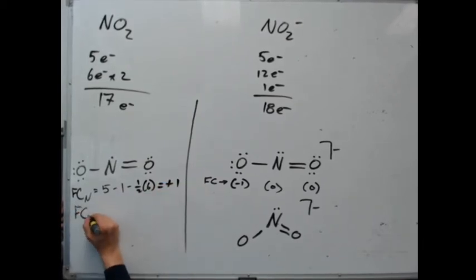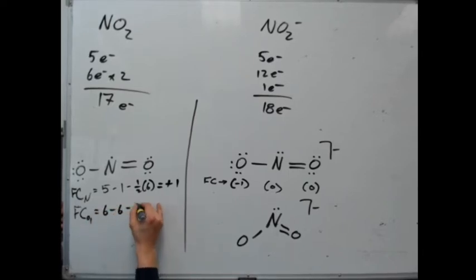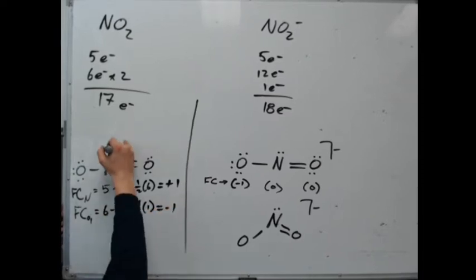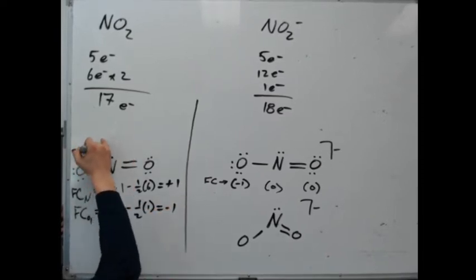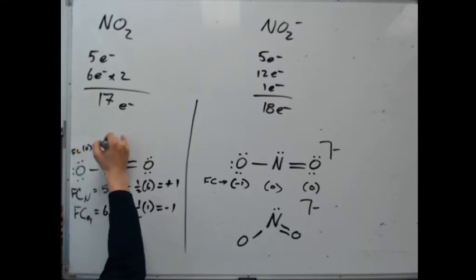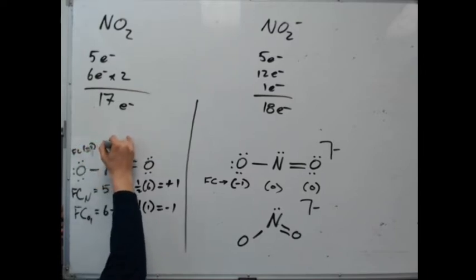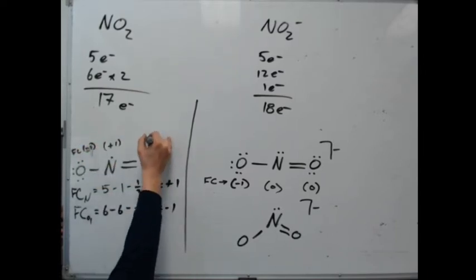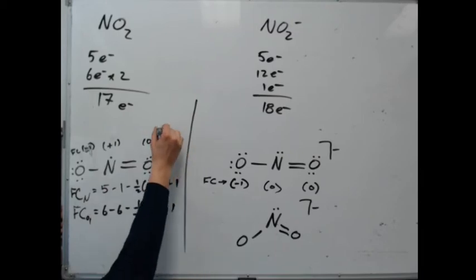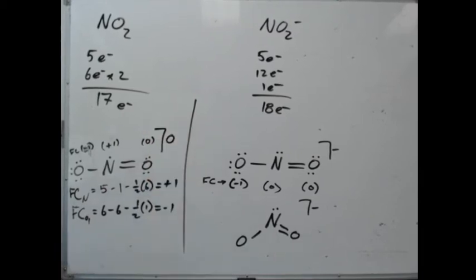Formal charge on oxygen with 1 bond is going to be 6 minus half of 1 minus 1. So the formal charges are minus 1, plus 1, and 0. Notice overall that's going to give me a neutral charge on the molecule, but I do have this kind of weirdness going on.